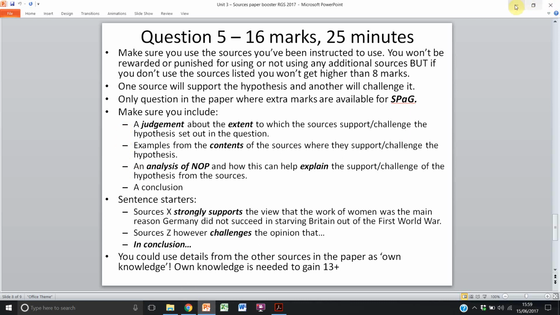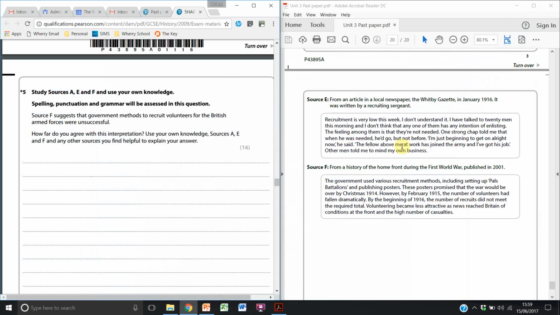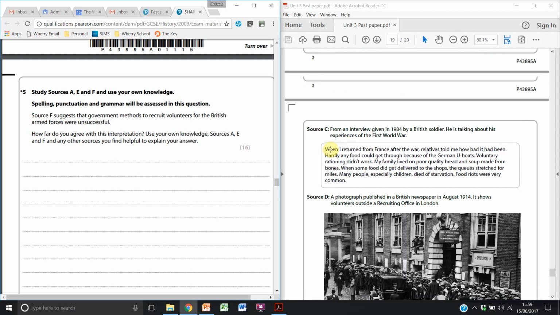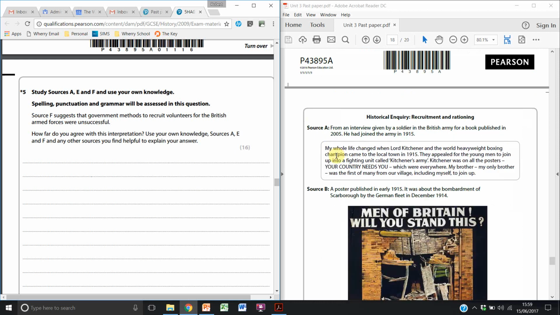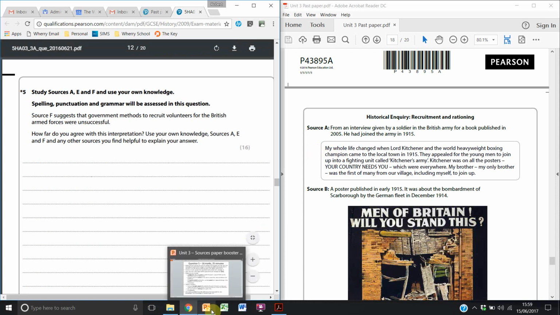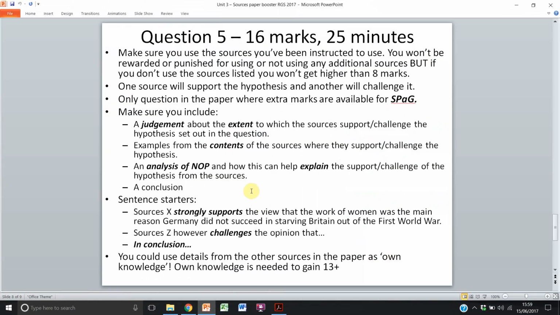So again, going back to the example, source E strongly supports the hypothesis that methods used to recruit volunteers for the army were unsuccessful. And source A strongly challenges that interpretation because source A gives the impression that the methods being used were successful. So give a judgment about the extent to which the sources support or challenge.